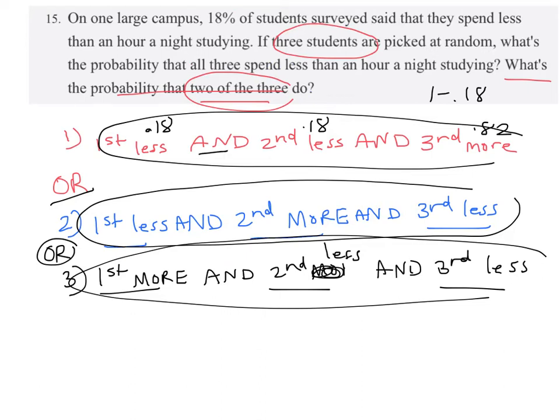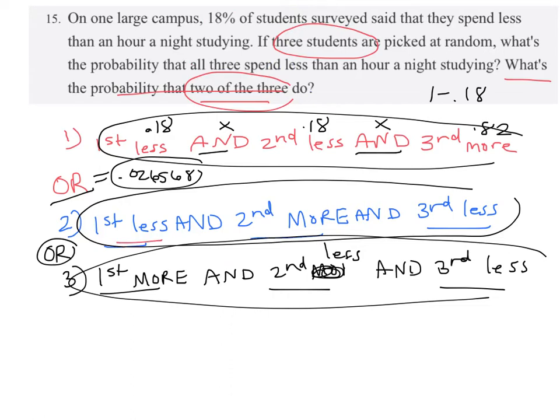Because this individual event outcome is an and, you're going to find the product of these. So you're going to have 0.18 times 0.18 times 0.82. And that is equal to 0.026568.